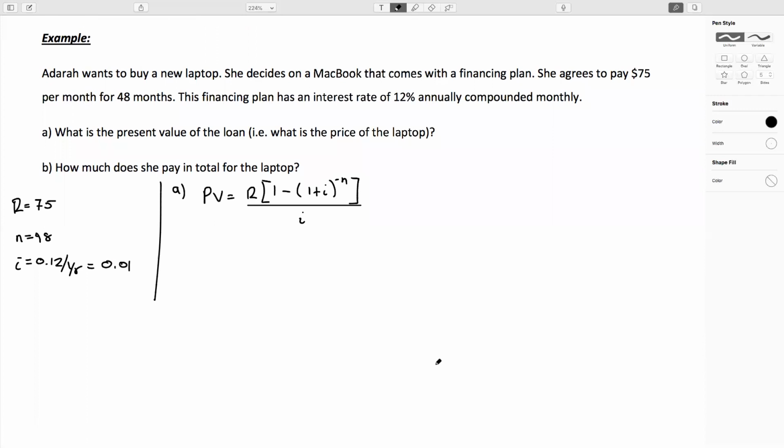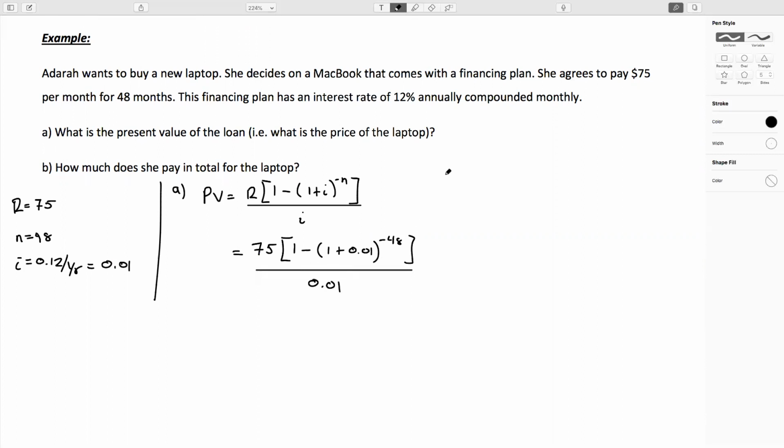In this case, R is the regular payment, so we can plug in our numbers now. R is $75 times 1 minus 1 plus i, where i is the interest rate per compounding period, so 1 plus 0.01 to the negative 48, all divided by i, which is 0.01.